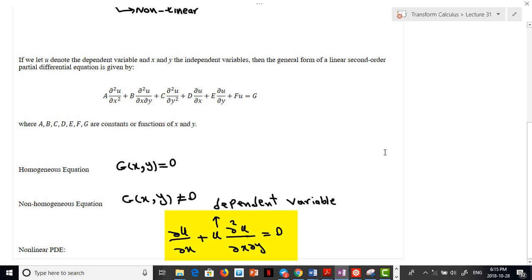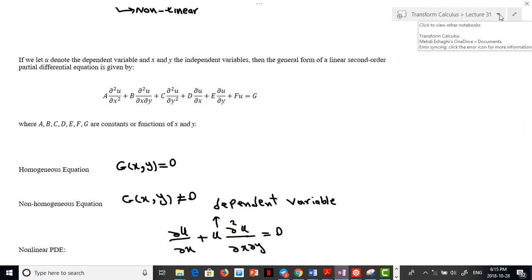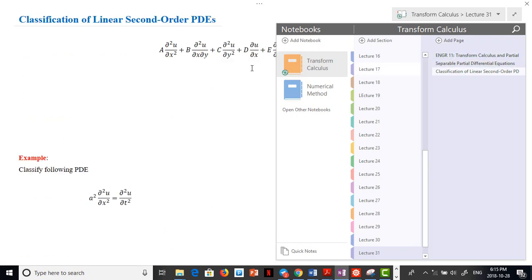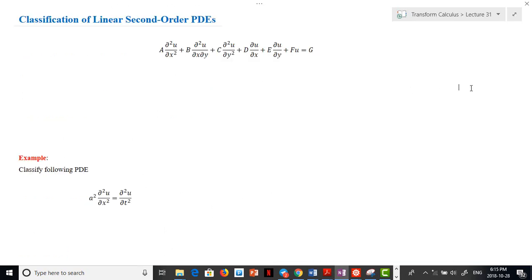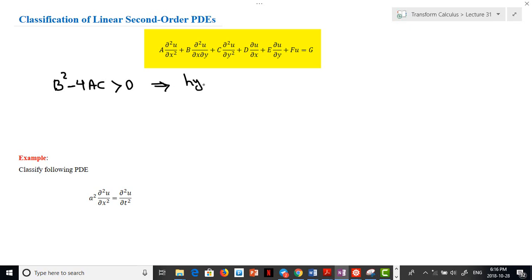So now we have the general form of a second order partial differential equation. Now we want to classify this equation. If we have the standard form of a linear second order partial differential equation, as we can see here, we can classify it. We say that if b squared minus 4 times a times c is greater than 0, we call this equation a hyperbolic equation.